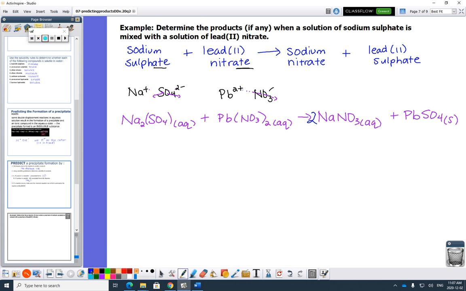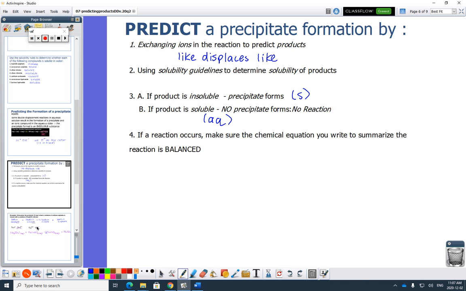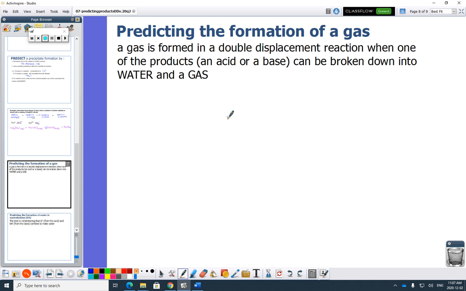Okay, so the next example is not as straightforward. So what you're going to see when you get this kind of question is it will say in the question, so get out your highlighter, that 2 of the products are water and a gas.